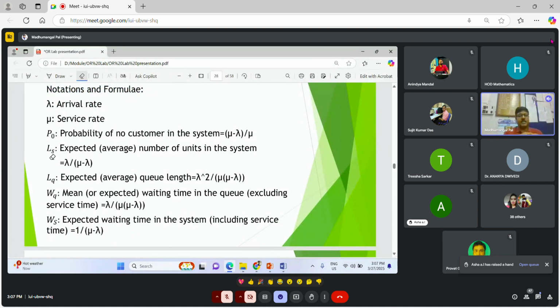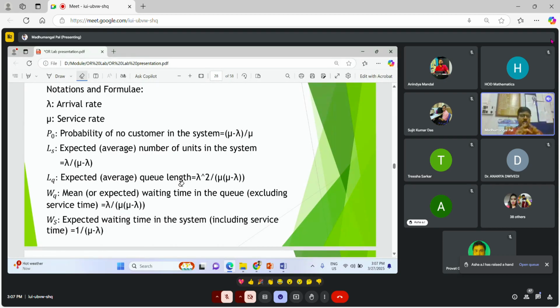LS is another parameter, the expected number of customers in the system. The expected number of customers standing in the system is obtained by mathematical investigation as lambda by (mu minus lambda). LQ is the expected number of customers in the queue.